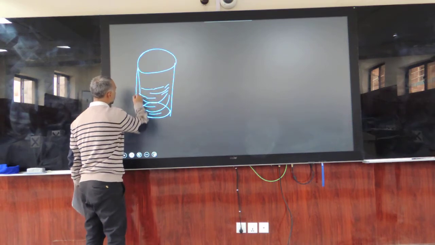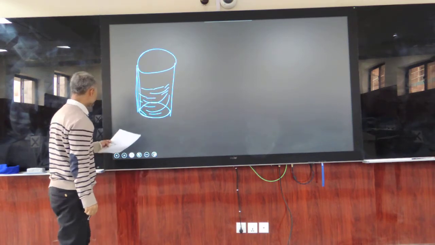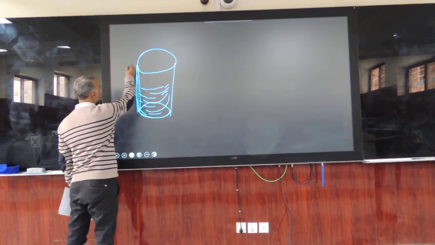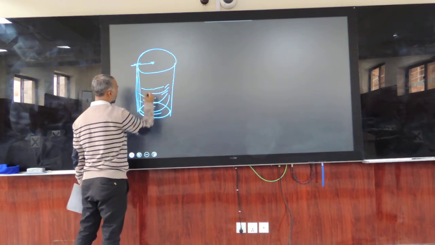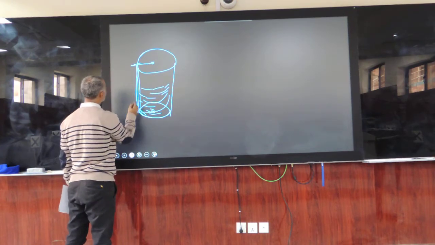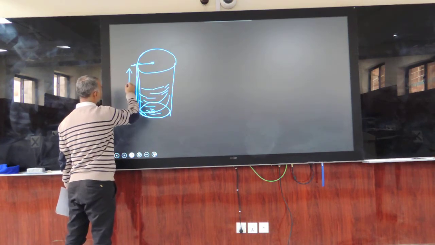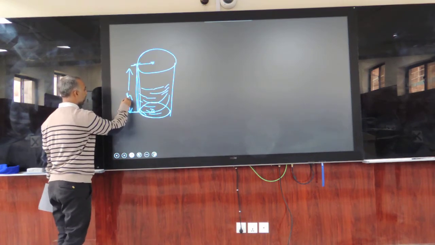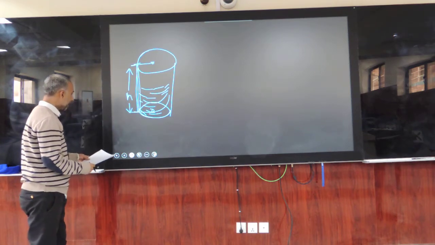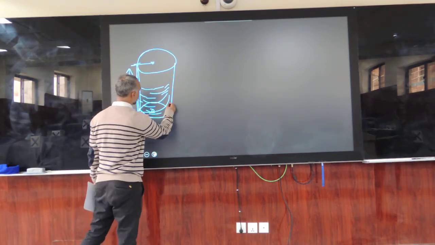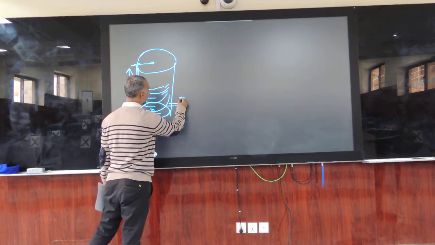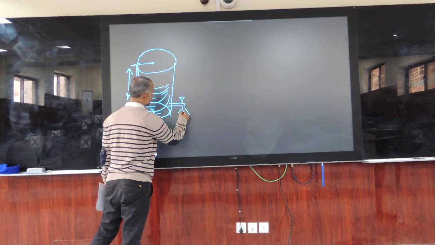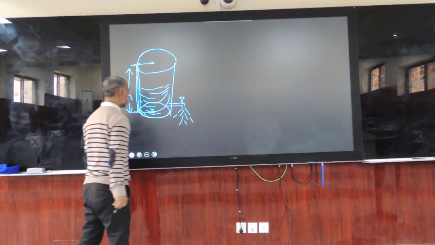The total height of this tank is simply denoted here with a small letter h, and there is a tap. So water is dropping out.